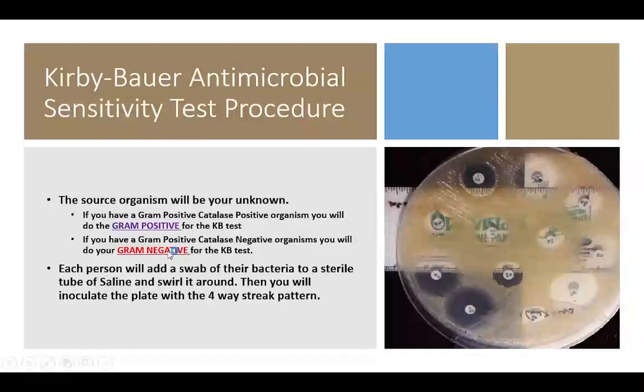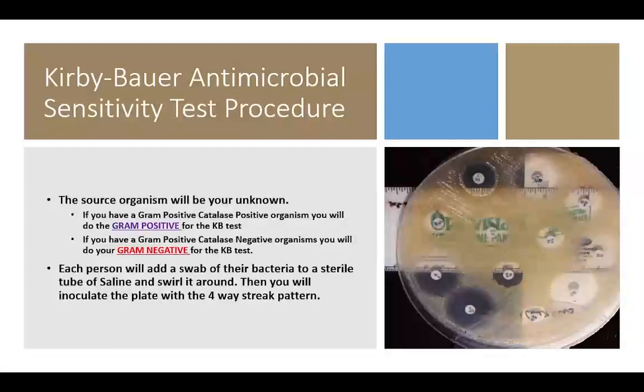So if you have a catalase-positive, gram-positive organism, you'll use it on your Mueller-Hinton plate. If your gram-positive organism is catalase negative, you'll use your gram-negative organism on this plate. And we'll have copies for those of you who had issues growing yours so you'll have a bacterial sample available to use for this. You will streak a plate back and forth, drop the discs on, and start incubating it.